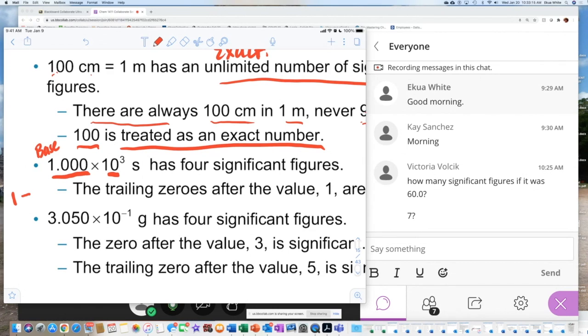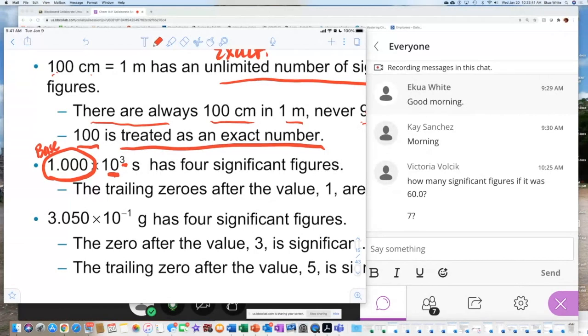So let's say the number, let's call it A, is between 1, it can be equal to 1 and then less than 10. Yeah, like that. And so with this number here, the base part of the number is the number that we are assigning significant figures to. Not the times 10 and the power, just the base number.